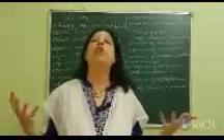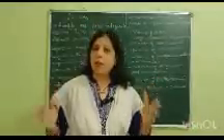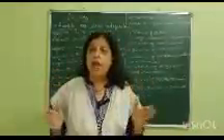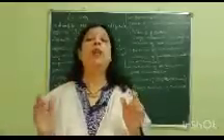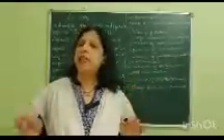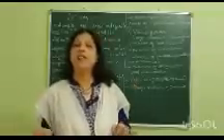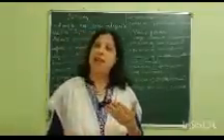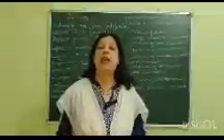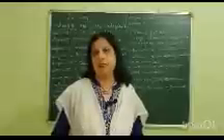Get me a piece of chalk. So children, remember that when I'm not pointing my finger towards a particular thing, we will use a or an, and a or an are called indefinite articles.